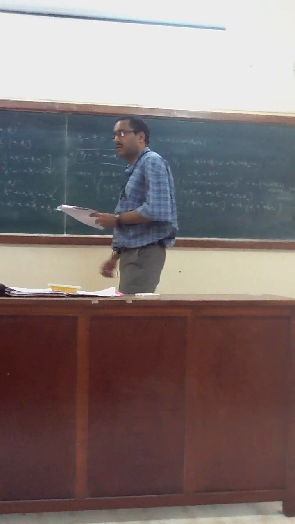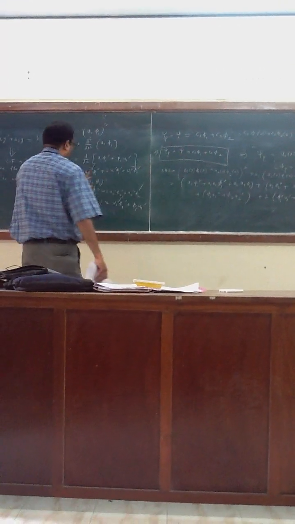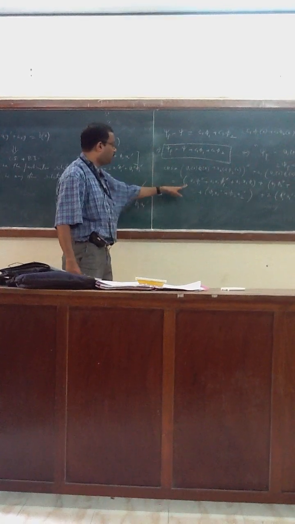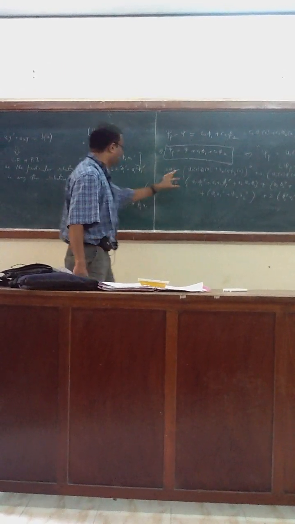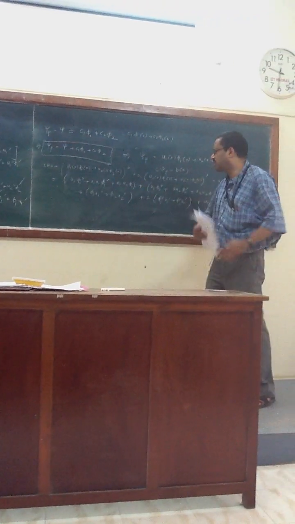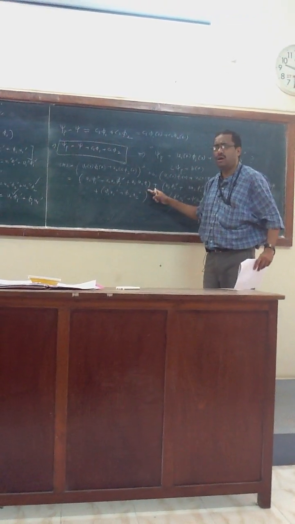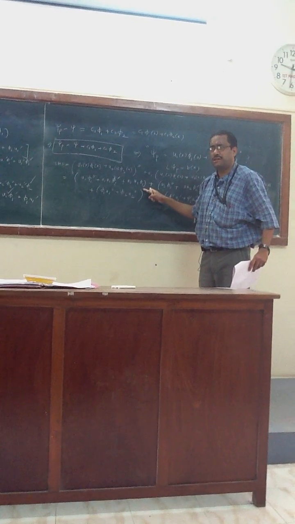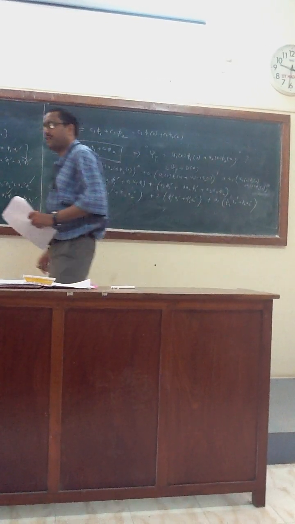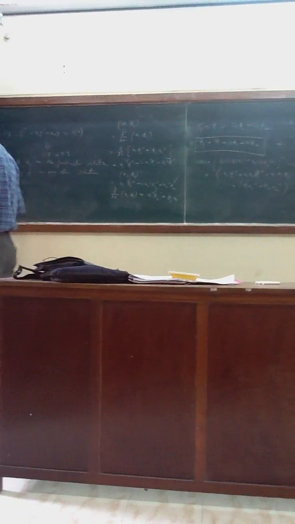Is everything okay? All terms are considered. So initially I took u1 prime, u1 phi 1 double prime. So the first terms I just constitute this one. Why I did it? Because if you look at it, this is 0. That's why I did it. This is a differential equation. Complementary function phi 1. Okay?